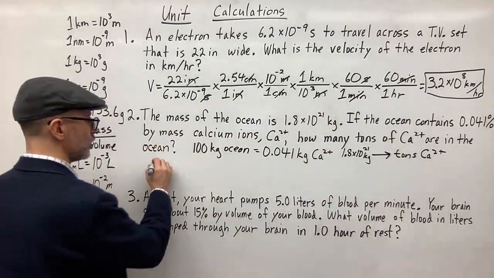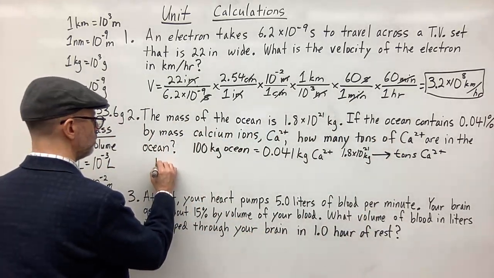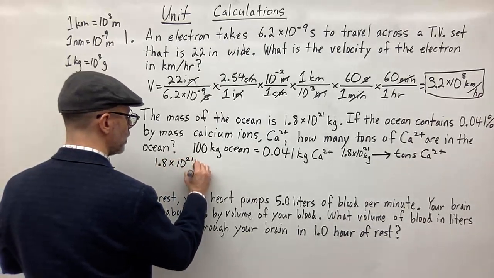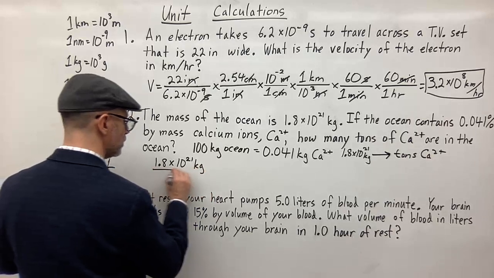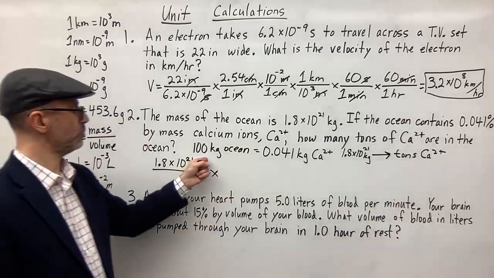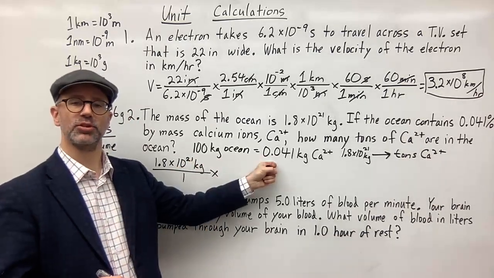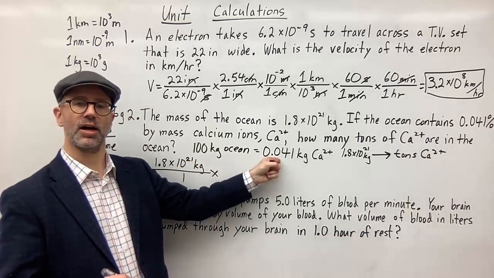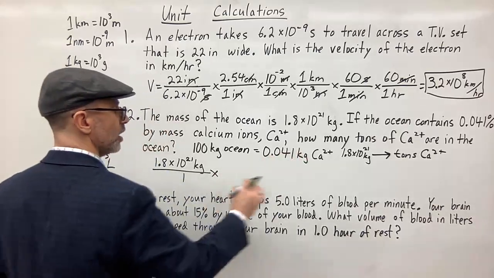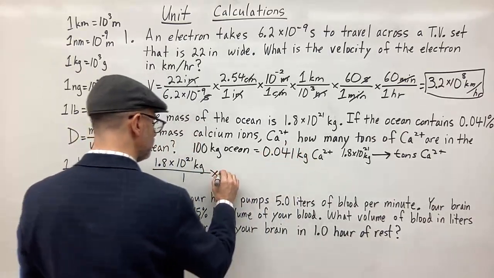So let's go ahead and start there. So 1.8 times 10 to the 21 kilograms over 1. We're going to use our percent relationship to convert to kilograms of calcium ion.